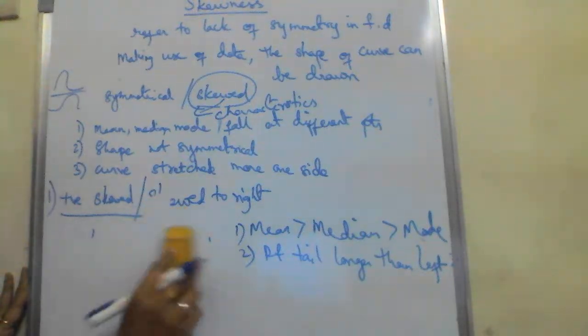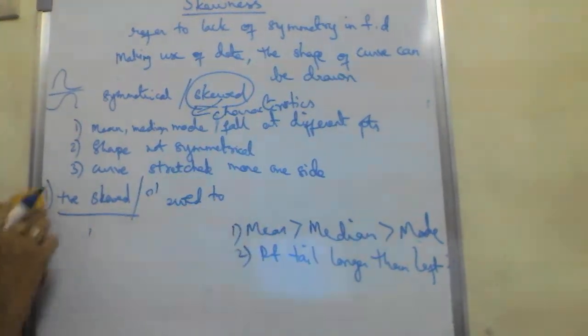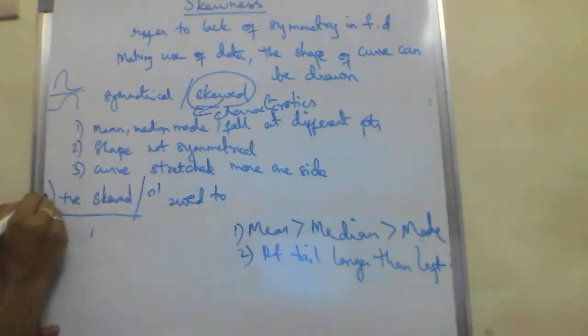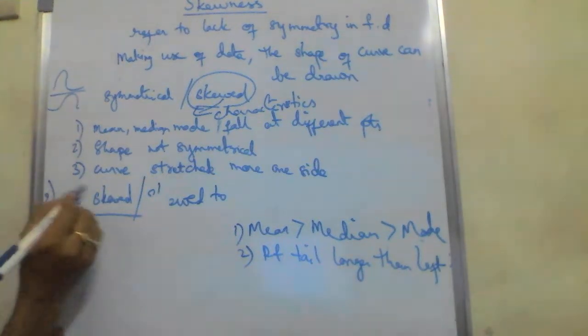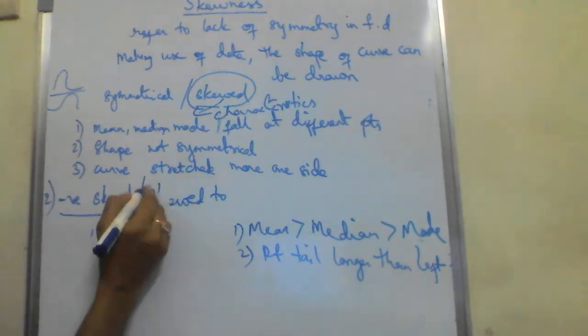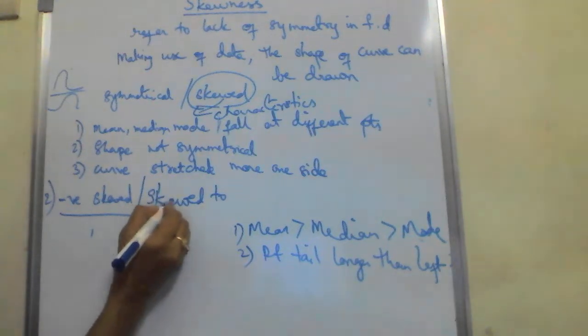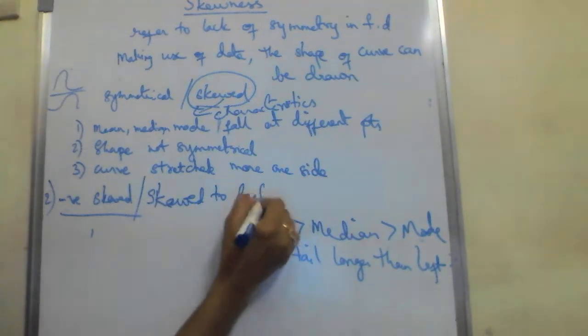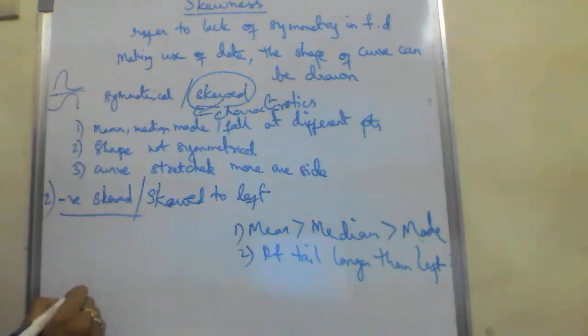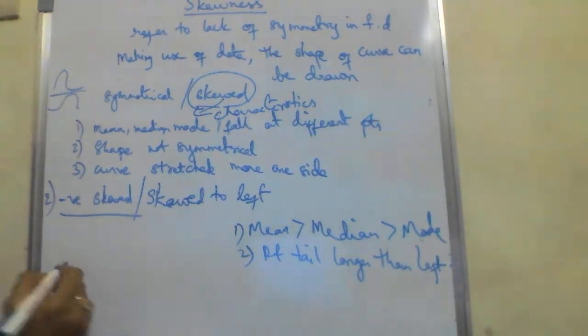And the next type of skewness curve is negatively skewed, or you can say it is skewed to left. So this particular curve will be this way.